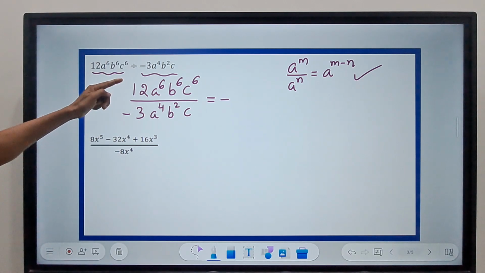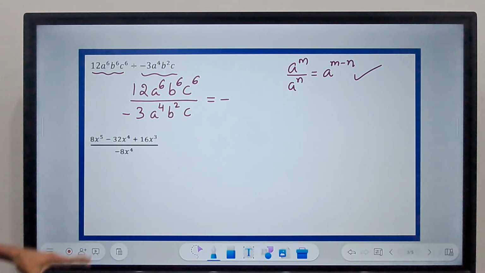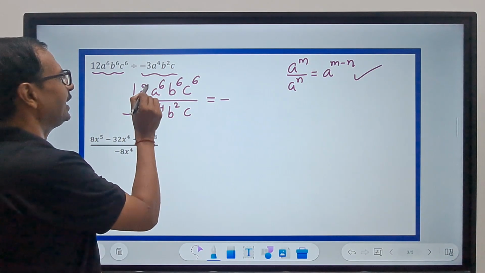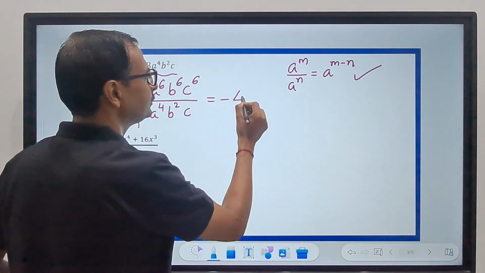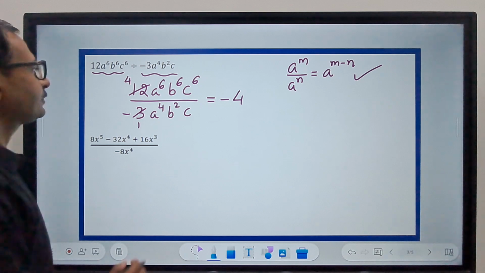If both the terms were negative, the negative sign would have cancelled out. Now 12 divided by 3: 3 1s are 3 and 3 4s are 12. So we have a 4 in the numerator, nothing in the denominator. We don't need to write 1 as the denominator.